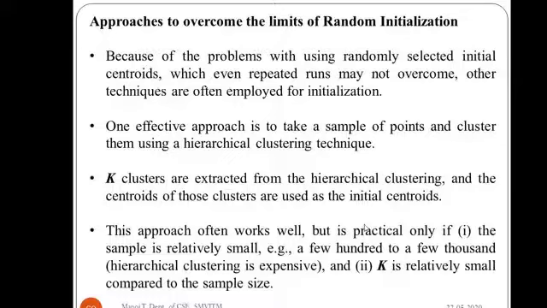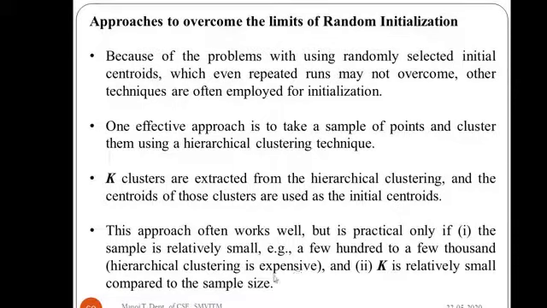You obtain K clusters from the hierarchical clustering, and the centroids of those clusters are used as the initial centroids. Instead of going with multiple runs of initial centroids, you use hierarchical clustering, extract the K clusters, then use the centroids of those K clusters, and you work on that.